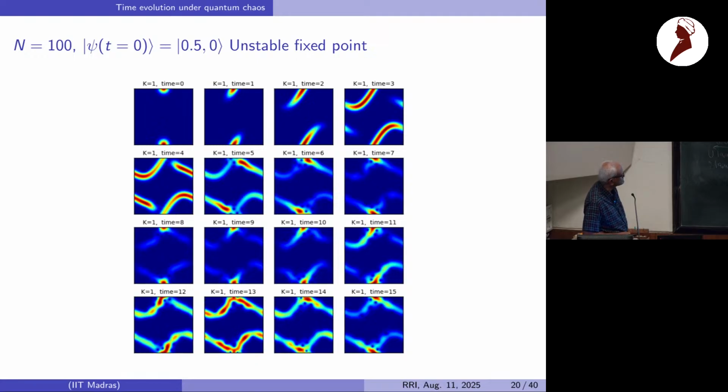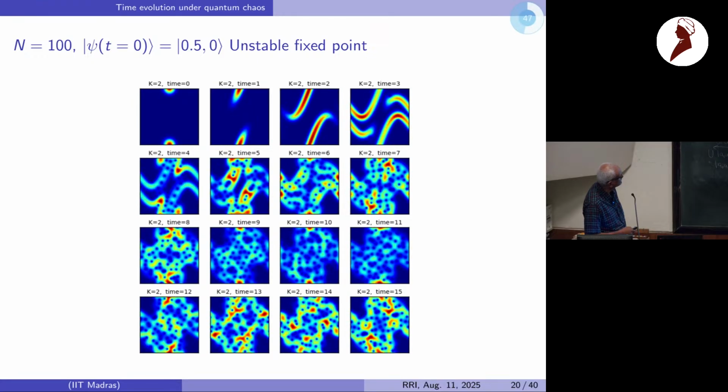Okay, so this is more of the same, with larger values of K. You can see these things very clearly. And when K is as large as 2, you can see that it's now spread out or delocalized in a region. And why isn't it penetrating here? Why is it dark?